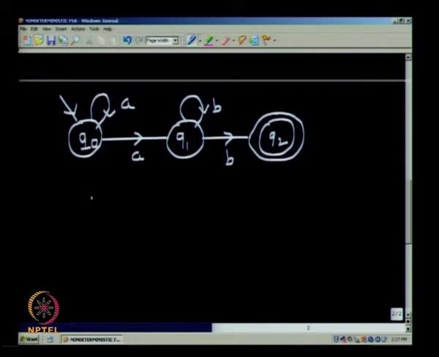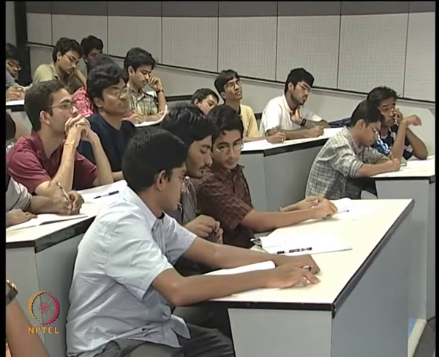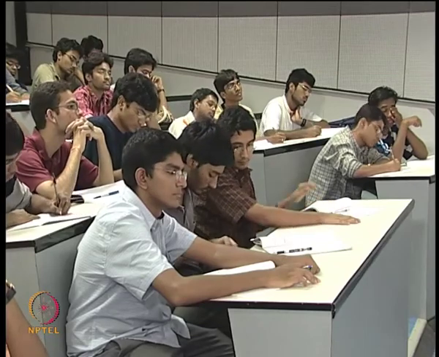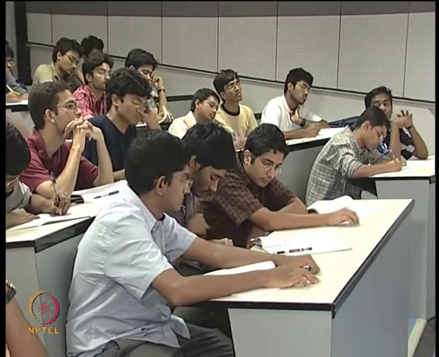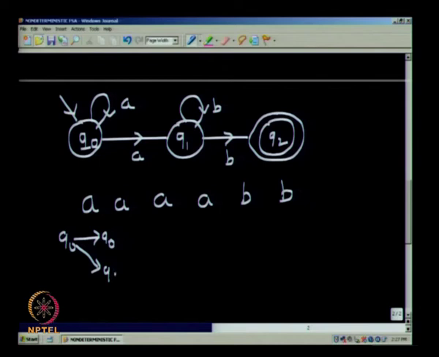So, let us see how a string, say A, B, B, can be accepted. Starting from Q0 you have 2 possibilities, Q0 and Q1. From Q1 you cannot proceed further. So, the possibilities are Q0 and Q1.